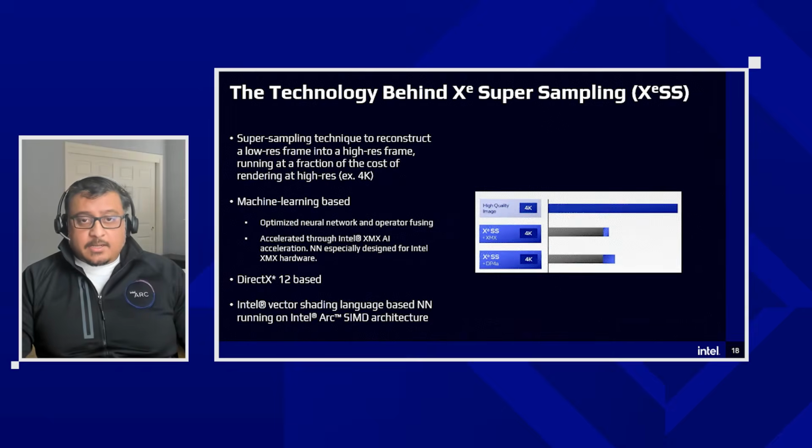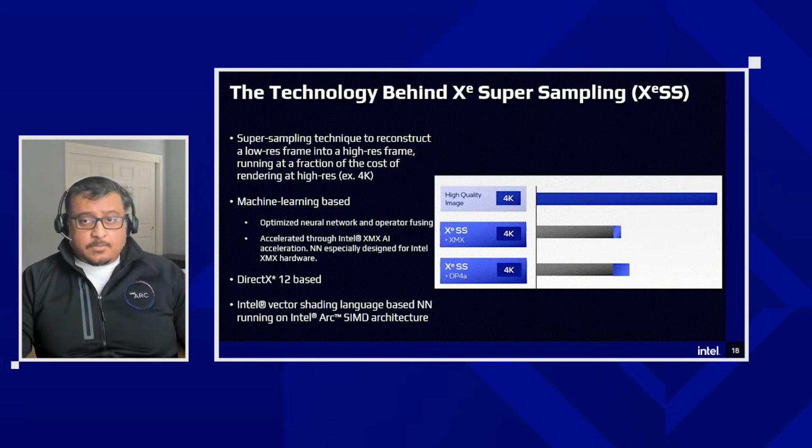As mentioned earlier, the top bar shows you what kind of performance you'll get if you were rendering at full 4K resolution. With XeSS, you can reduce the native resolution and run XeSS as a post process, and upres the image to the same as the native 4K resolution in this case, at a fraction of the cost.